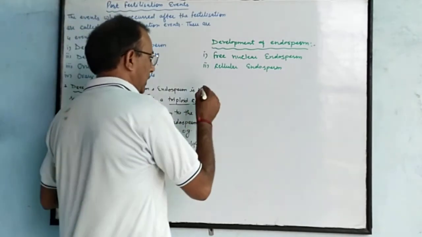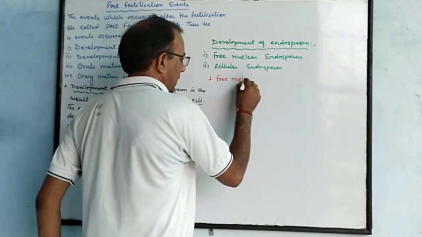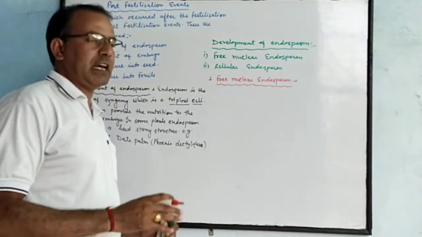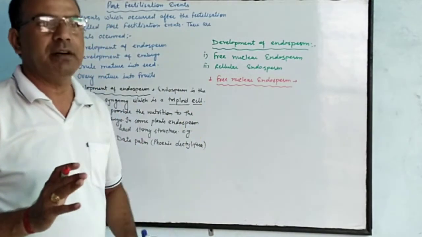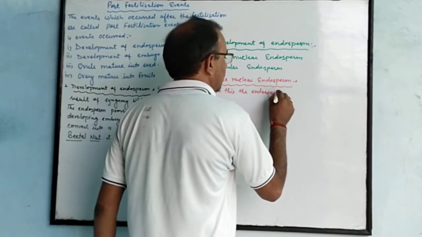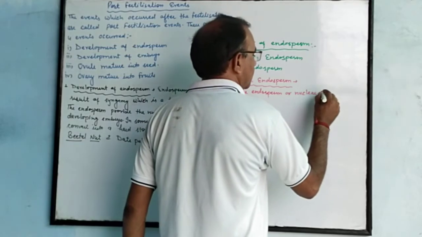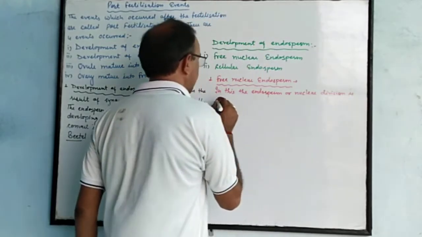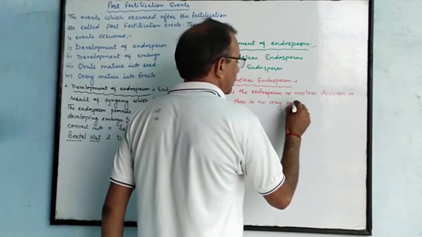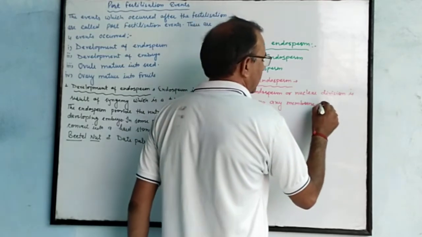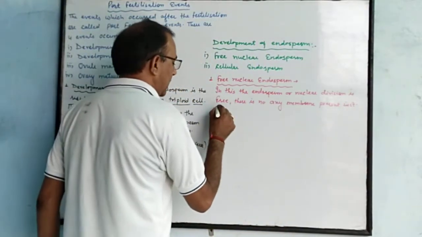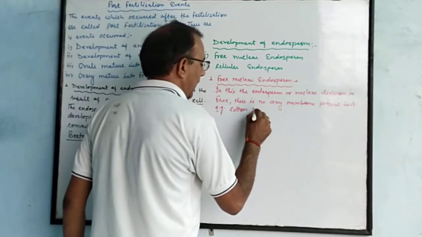Free nuclear endosperm. What is free nuclear endosperm? In this, every time the nuclear division is free, and there is no membrane present between the nuclei. इसके अंदर किसी प्रकार की मेम्ब्रेन नहीं बनती जब न्यूक्लियर डिवीजन होता है. सपोज फॉर एग्जांपल लिखिए पहले तो कॉटन एंड मेज.